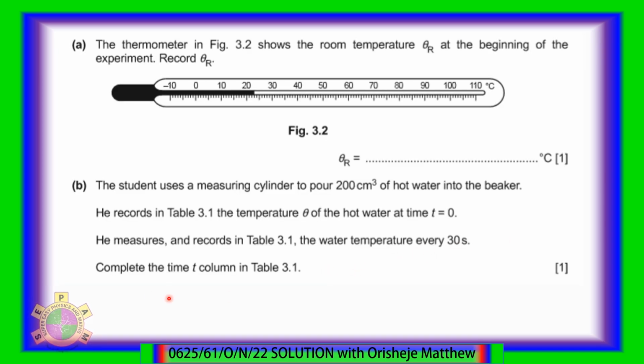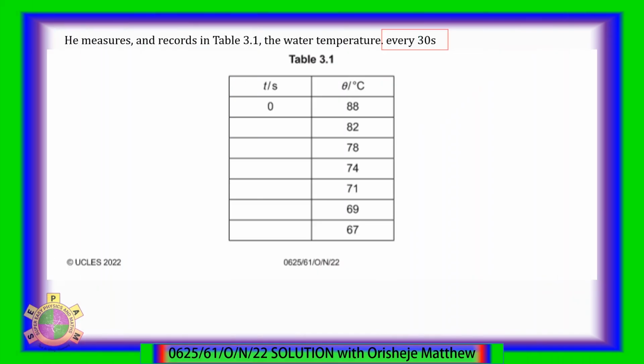So let's complete the time for the table. Take note of this every 30 seconds. So if he started with 0, the next time he recorded, he started with a temperature of 88 degrees Celsius.